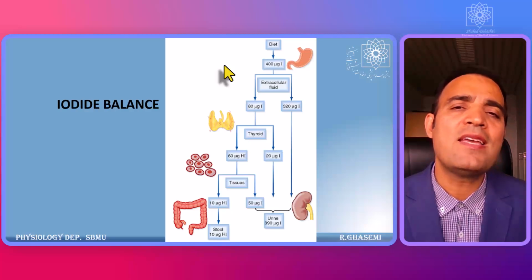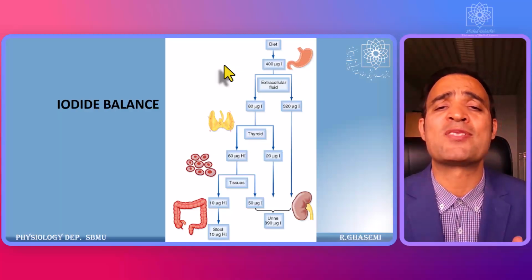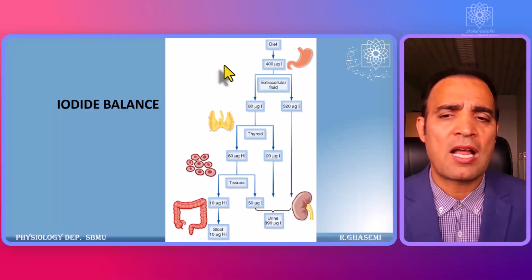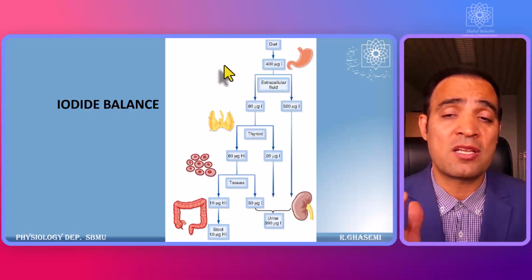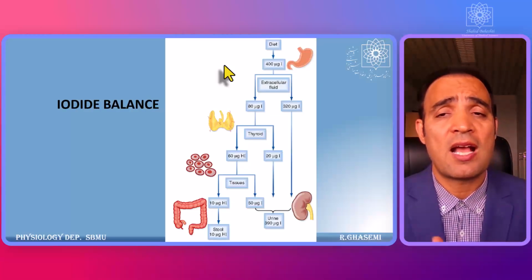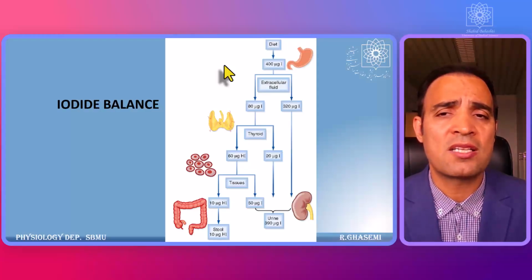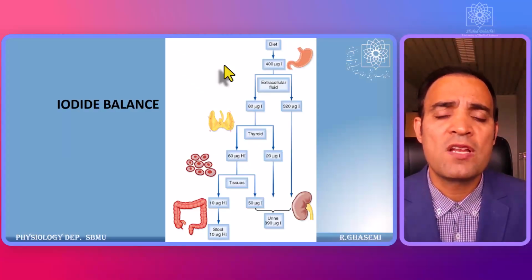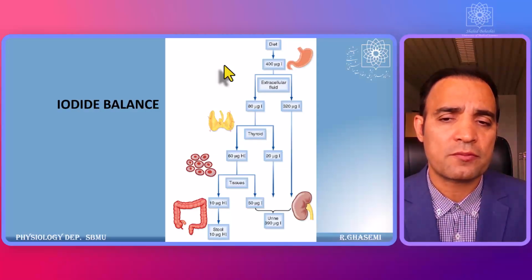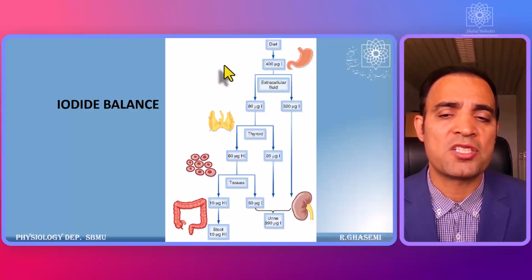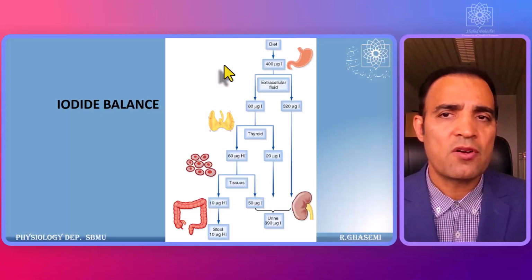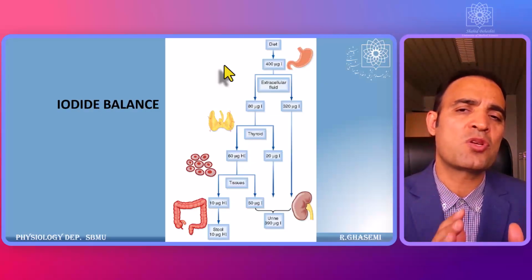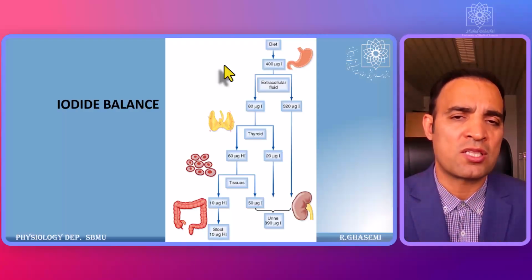Just 80 microgram is absorbed into the blood and taken up by the thyroid gland, and the other 320 microgram will be excreted by the kidney into the urine. Therefore, I can say that just 80 microgram is absorbed into the thyroid gland.